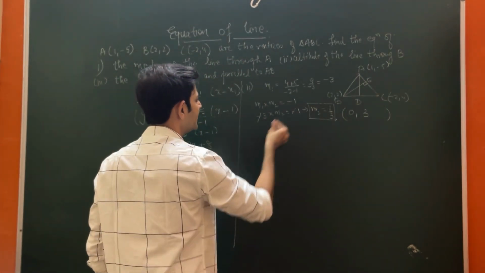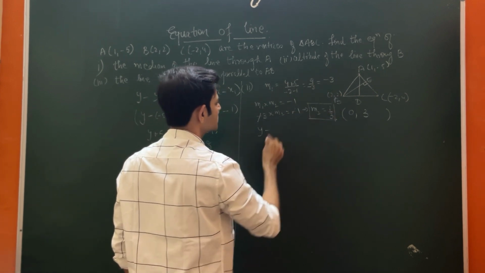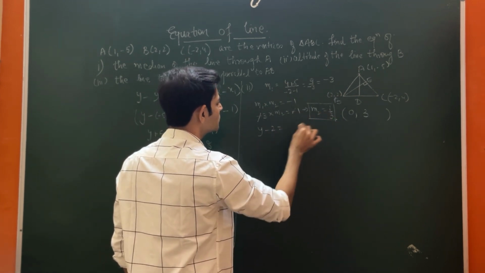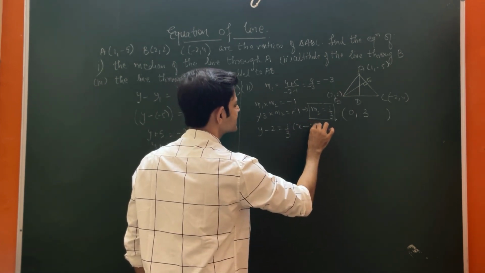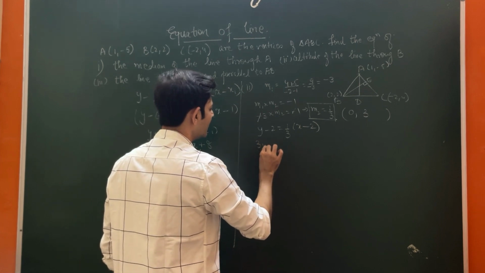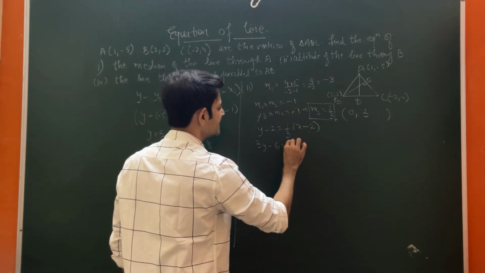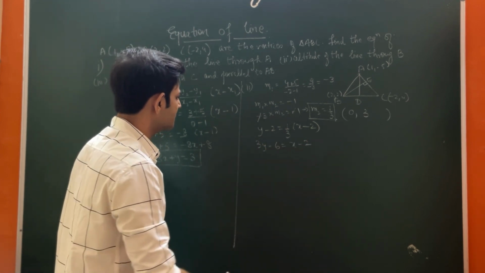So that will be y minus y1 is 2 here is equal to m into x minus x1. We'll just simplify this. 3y minus 6 is equal to x minus 2. We can again just rearrange them again.